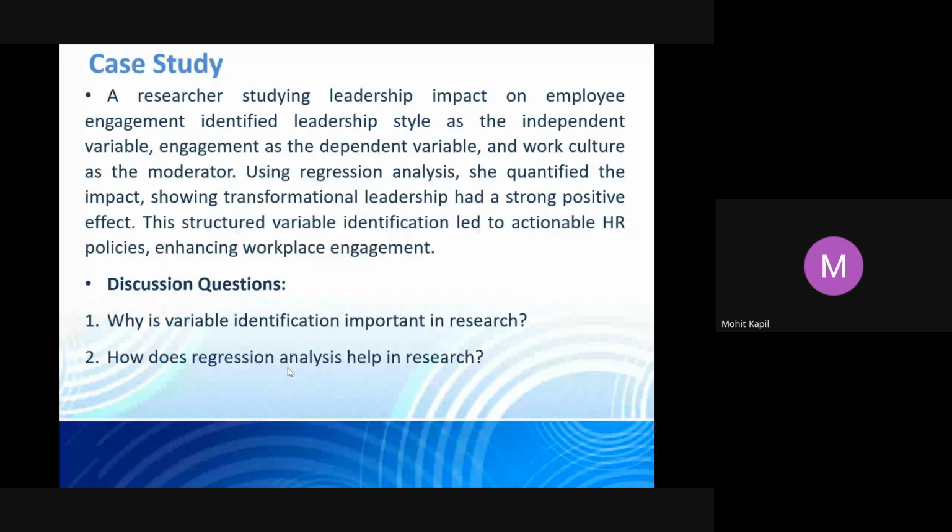So regression analysis gives us statistical validity based on p-value and F significance, so that we can authenticate that whatever the relationship between the two variables, they are statistically valid. And in addition, we can also identify the impact of change in the independent variable over the dependent variable.